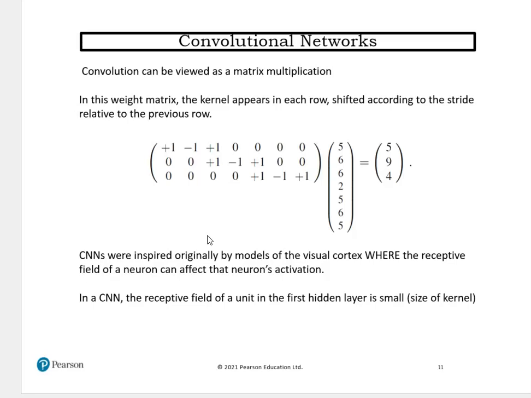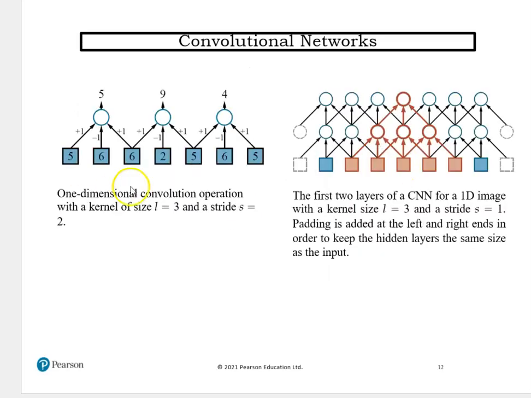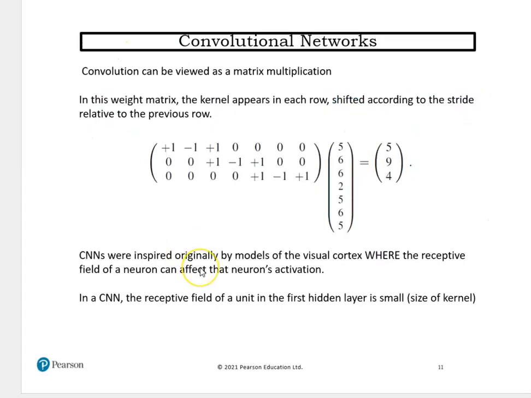For example, the convolution we just discussed with the kernel with L equals 3 can be viewed as this matrix multiplication. That's our input vector. This is the kernel shifting with stride equal to 2, as you can see. Between the top row and the next row, we shift 2 pixels. And then the result is only 3 units. That corresponds to what we did on the left, using matrix multiplication.